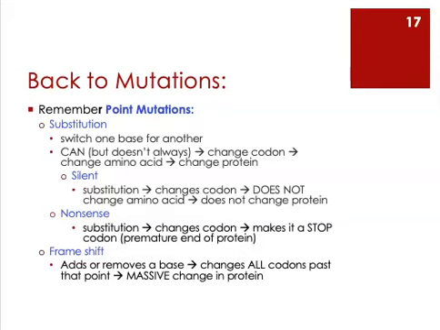Sometimes that change, that swap of one base for another, will change the codon enough that it will result in a different amino acid being placed there during translation. If even one amino acid is out of order in a protein, even one, that protein will fold differently. And if it folds differently, it won't function the same.